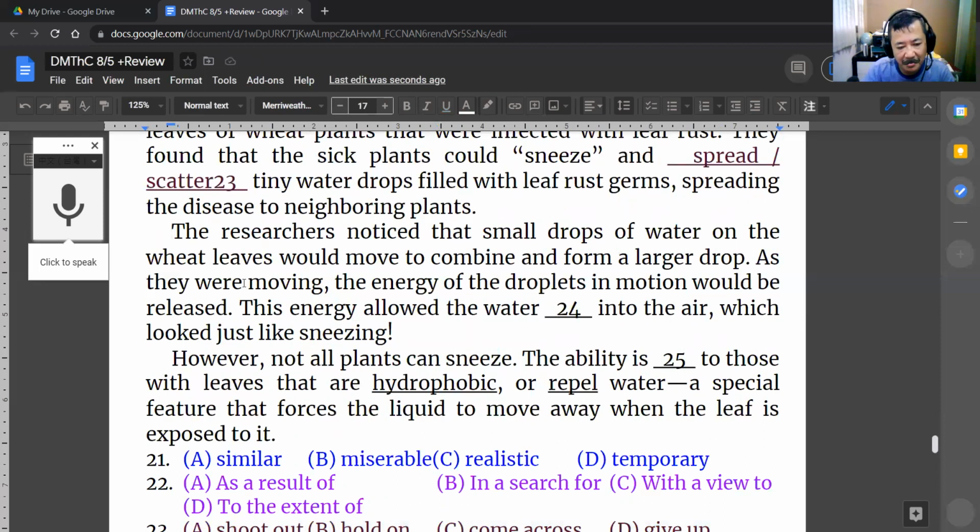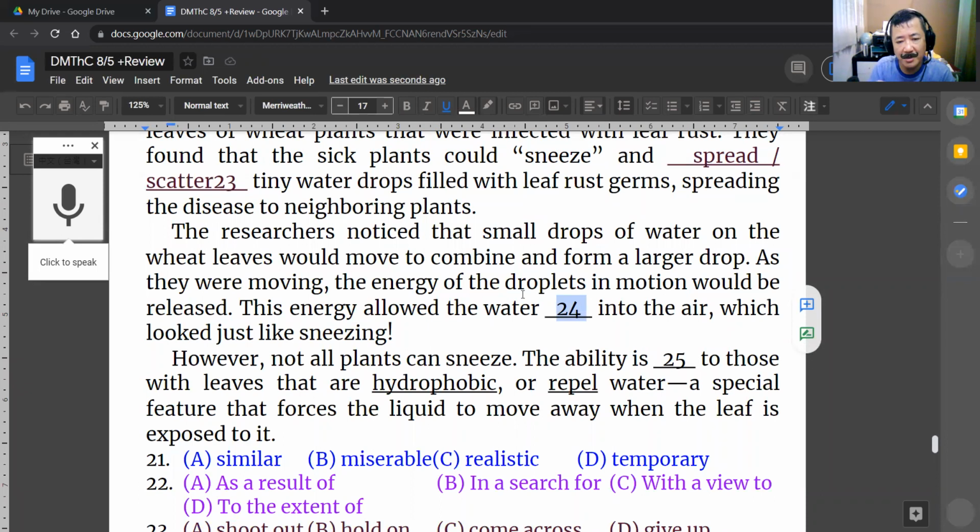This energy allowed the water droplets to leave the water drops and go into the air. Okay, so it would be released, right?